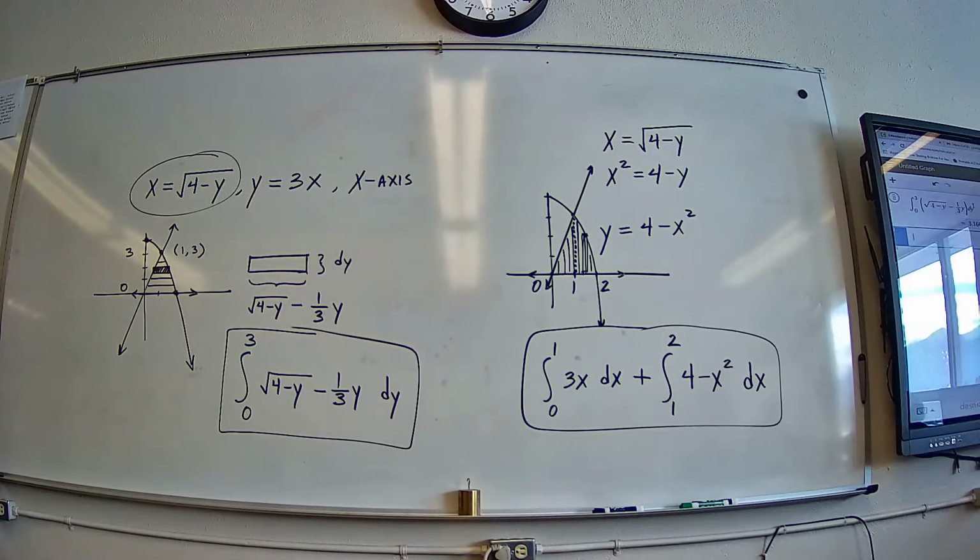And I can also go integral from 0 to 1 of 3x dx plus the integral from 1 to 2 of 4 minus x squared dx. Oh, beautiful, lovely. I can also check to make sure that everything went in correct. Okay, that looks good. And there you go. So everything seems to be checking out fine.